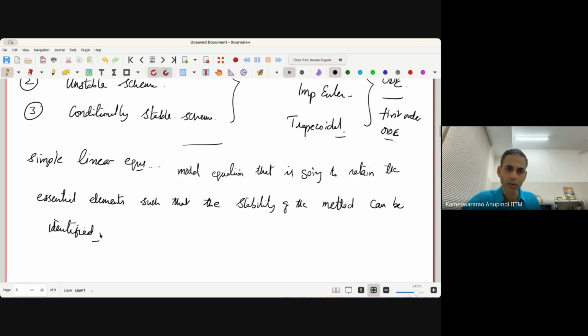Now, we have taken this route of using the round-off error as the argument to decide whether the round-off errors are growing or decaying. In the context of ODEs, we don't have to take the round-off error route. Of course, we can certainly take it, but from the solution itself, we can say whether the solution is growing or not growing.